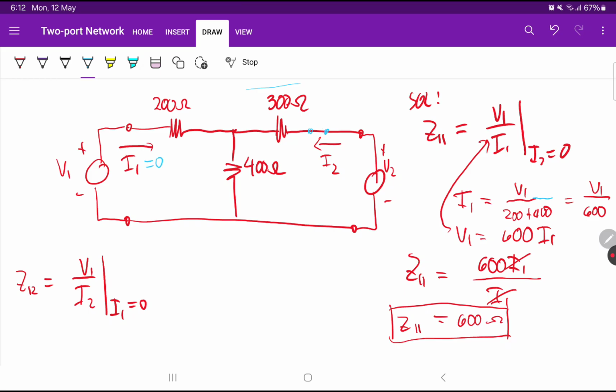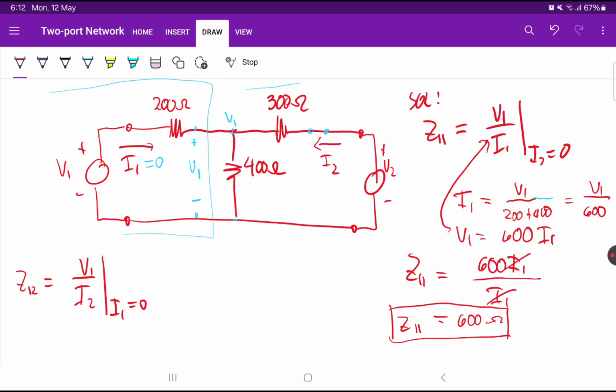So if this is 0, then the voltage here will be just equal to V1. Still V1 because there's no current flowing through the 200 ohms. If there's no current, then therefore it's the same voltage. So that's the voltage across the 400 ohms. So again, we'll just remove this part, but take note that the voltage across the 400 ohms is actually V1. And that will be the key in solving our Z12.